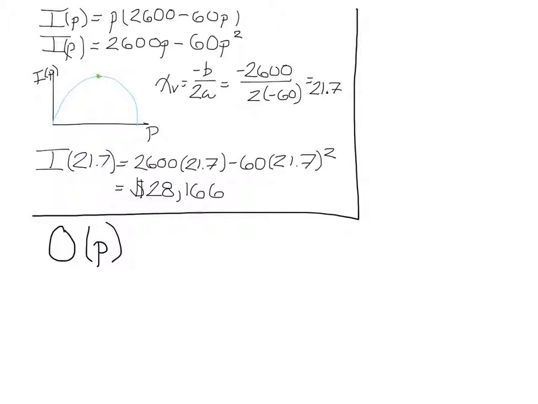So let's think about the fact that we know that as the price of my tickets increases, the number of tickets that are sold decreases. And that makes sense. The more you charge for tickets, the fewer people are going to come. If you have fewer people attend, your operating cost is going to go down. You don't have to pay for as much if you have fewer people attending your event.